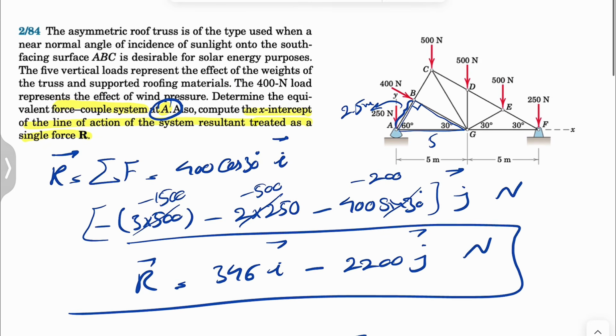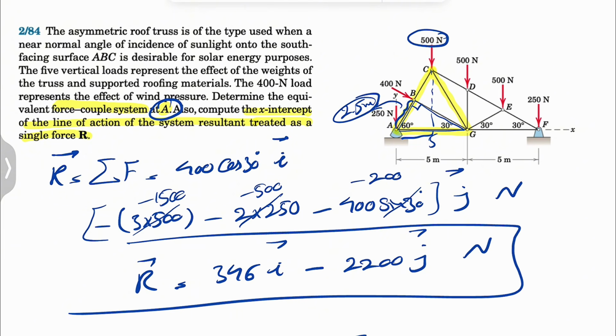Now let's move on to the moment of the 500 at C. This one's also clockwise. The distance that we need for this 500 is to its line of action. In the triangle here, all the sides are equal, so it's an equilateral triangle, and we figure out this is 2.5.